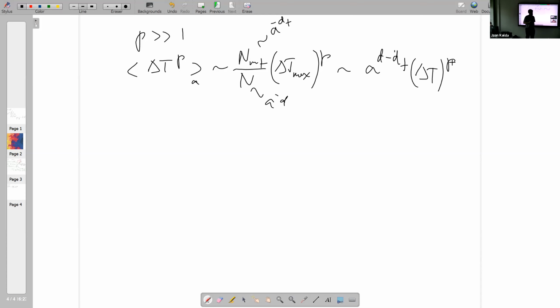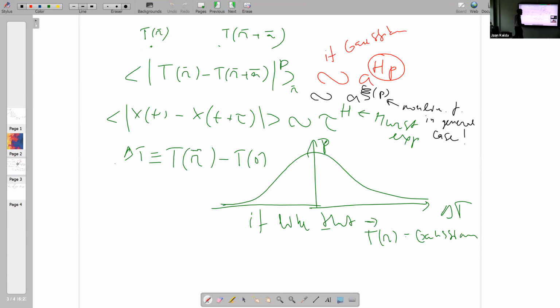And now let us recall what the structure function scaling exponent was. The structure function scaling exponent was something which came with A to the power of psi of P. Now let us go back to what we have here.